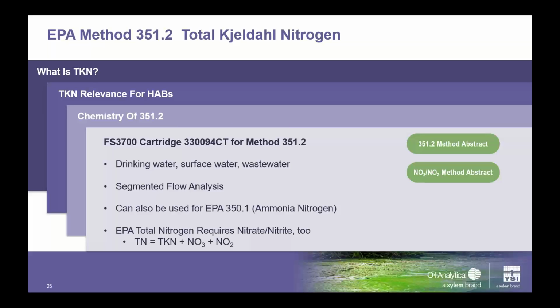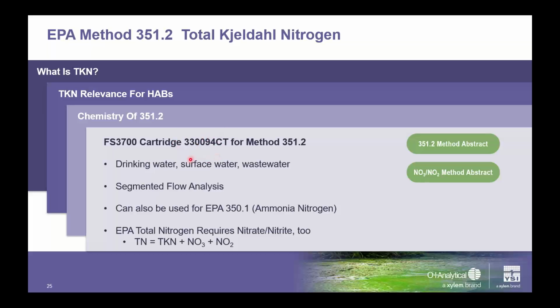All right, so that sounded like a lot of chemistry, and we actually do try to make that easier for you. Again, you can automate that. Doing particularly that Berthelot reaction, we have optimized that for you with the cartridges that come with the FS3700.